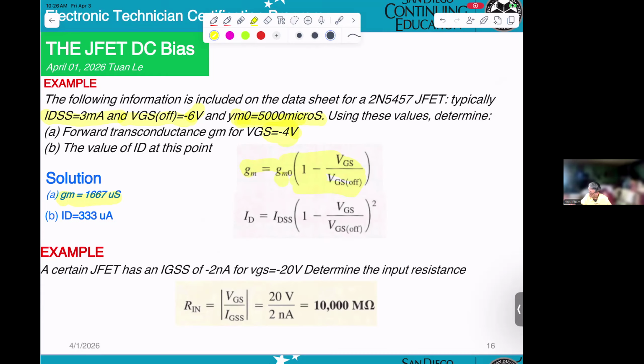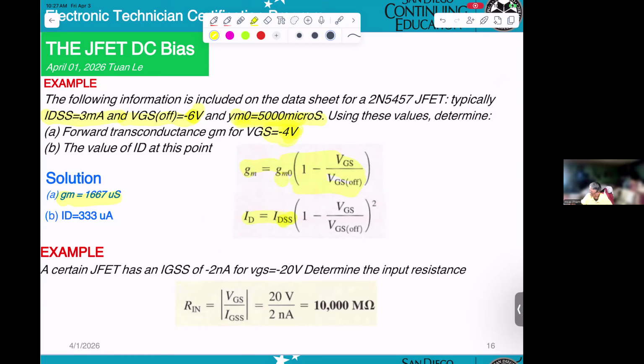And the value of ID at this point: you know the formula to calculate ID. ID equals IDSS times 1 minus VGS divided by VGS off. We already know VGS is 4 volt and VGS off is -6 volt.